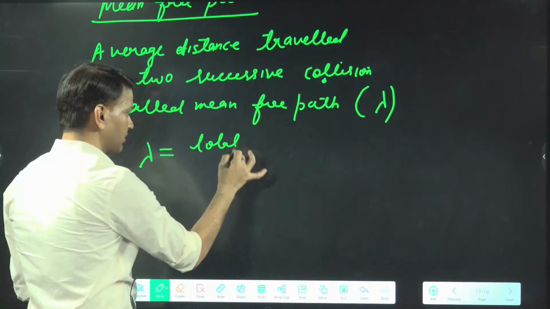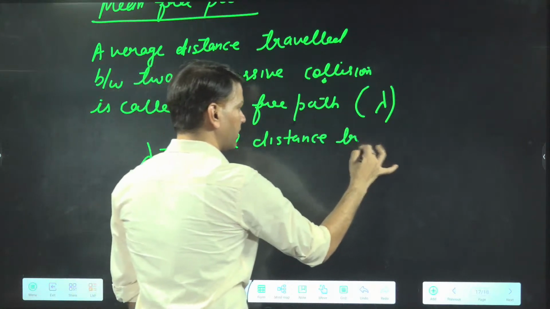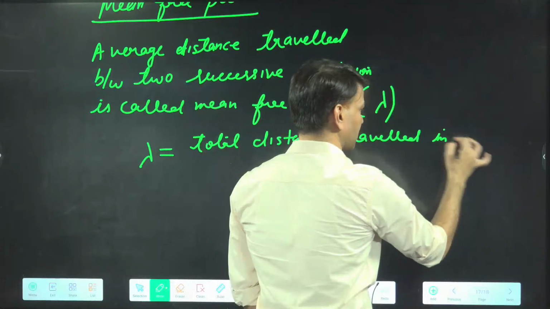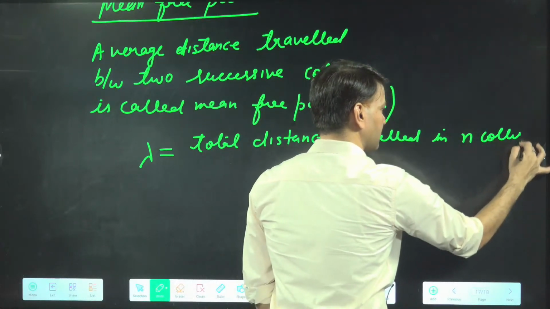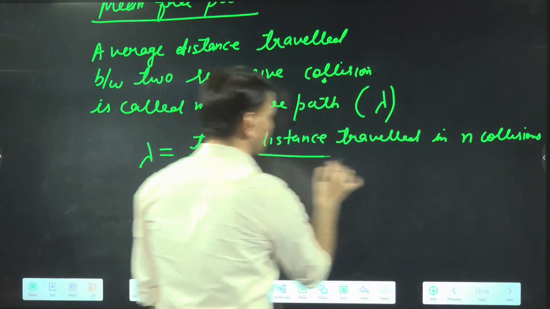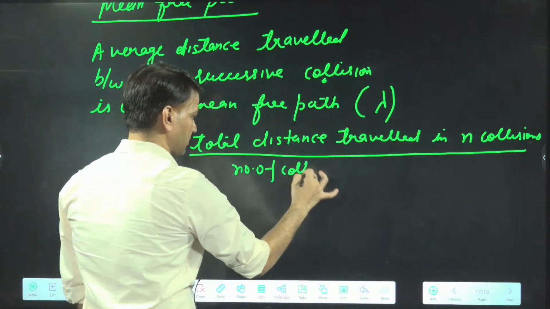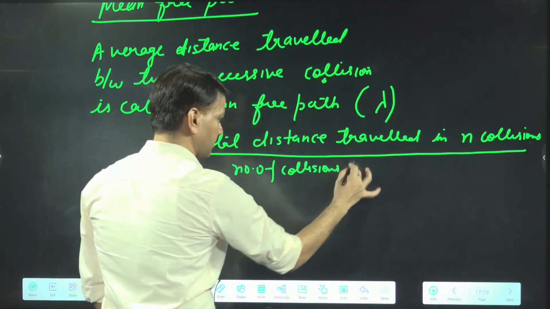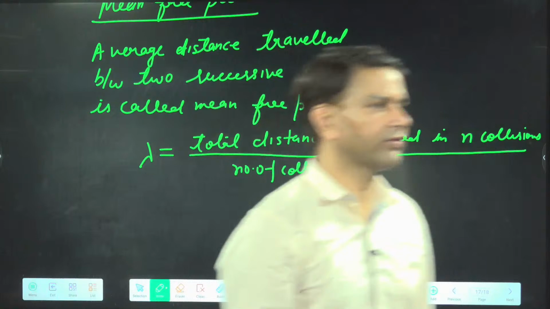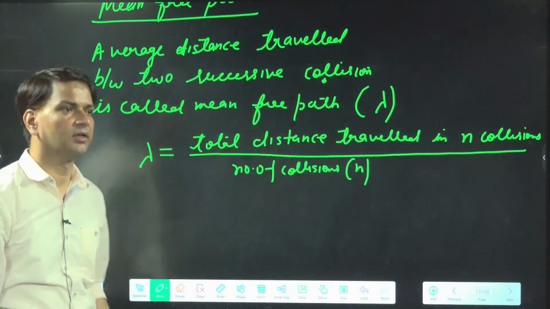Total distance traveled in n collisions upon number of collisions, that is n. So total distance upon number of collisions, that we can say is a mean distance. So mean distance is the mean free path.